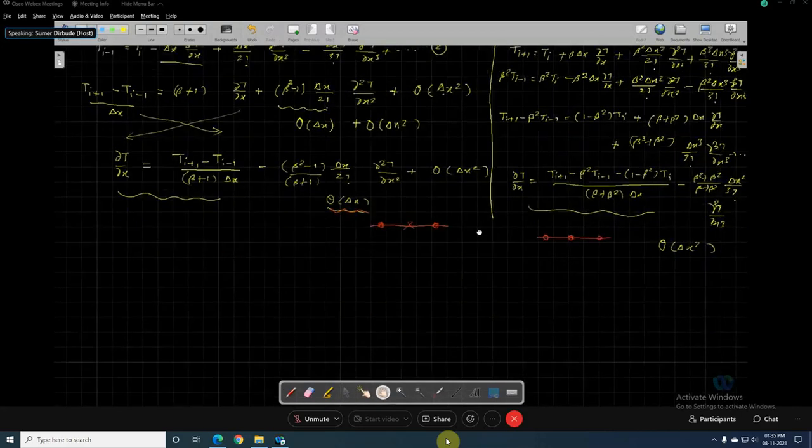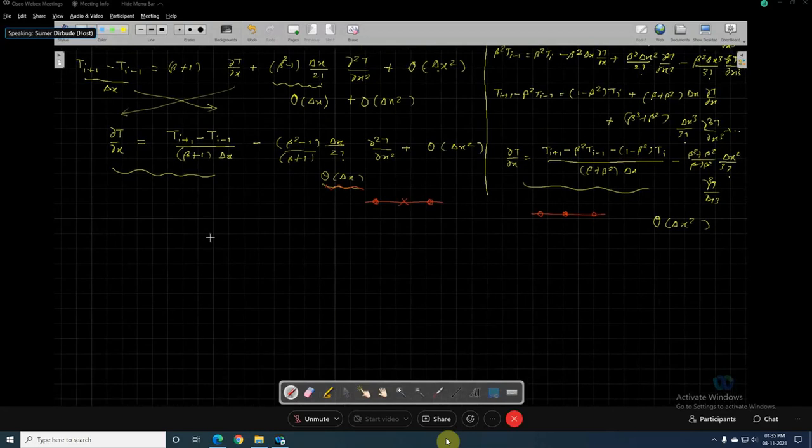Okay. So how many number of points do you require? Suppose you take number of points 2. Number of points 2 means, if you see the order of derivative, it is 1.